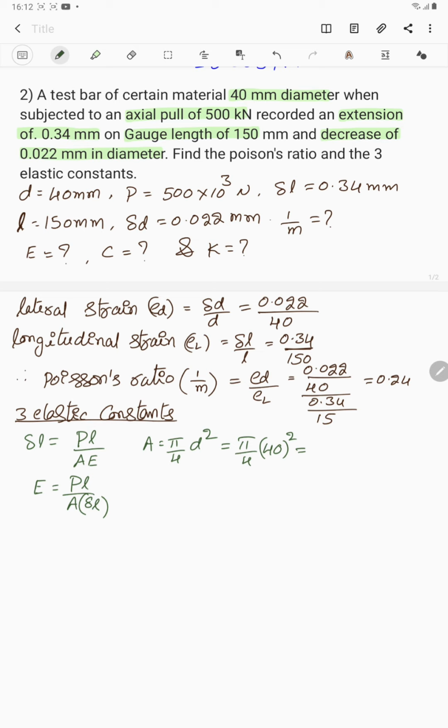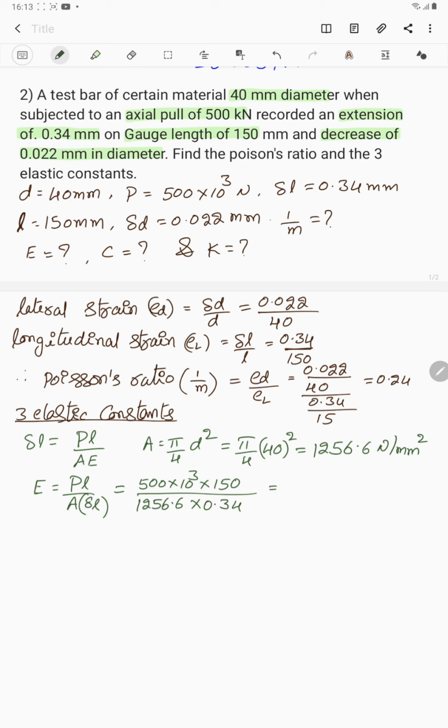Simplify this value for getting 1256.6 Newton per mm square. So Young's modulus E equal to P, P is the load 500 into 1000 into L, length of the body, that is gauge length 150, divided by area 1256.6 into delta L. Delta L equal to 0.34.